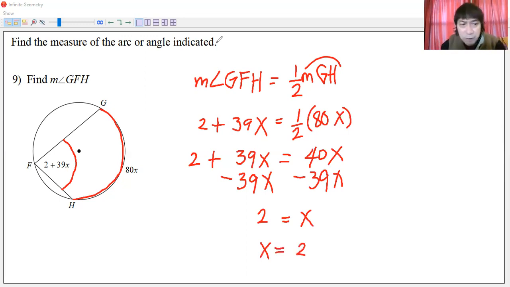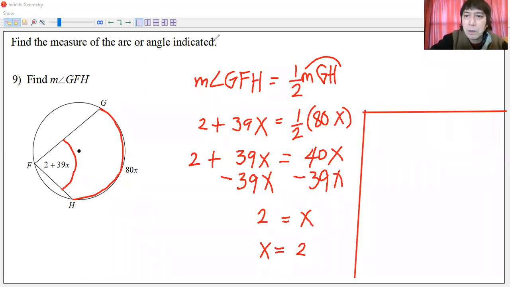All right, we're not after x only, we're after the measure of the angle GFH. And so the measure will be computed. This will now be the measure of the angle GFH expressed 2 plus 39x.